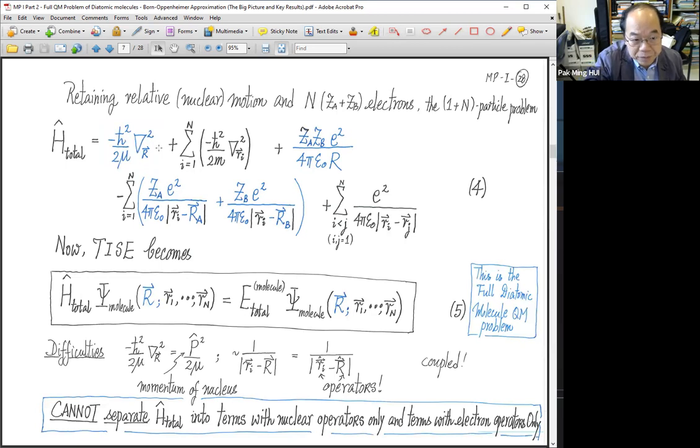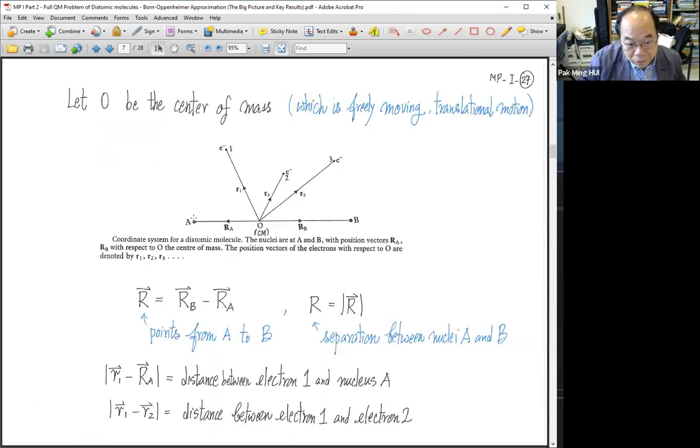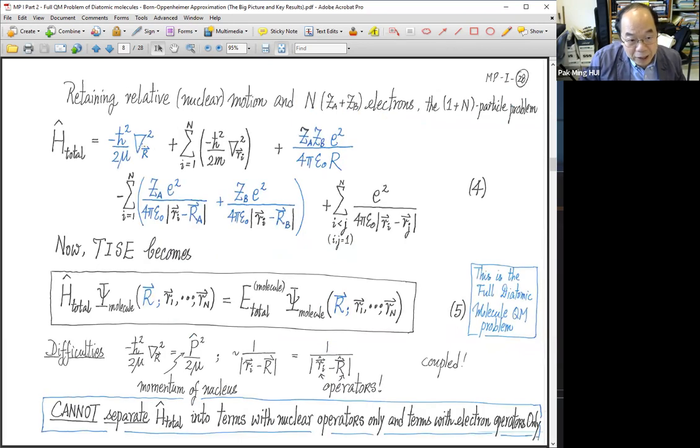Namely, the R here is the vector that goes from A to B. It is related to the relative motion that could be vibration or the whole thing rotating. So this part is the first term with the capital R being that vector.